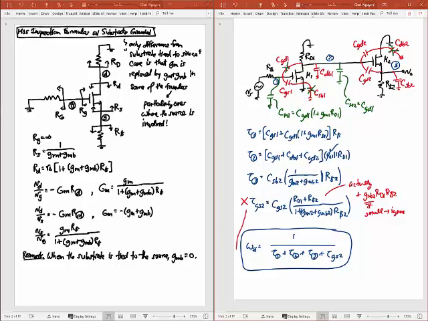So for CGS2, ignore, since the signal across CGS2 is tiny.